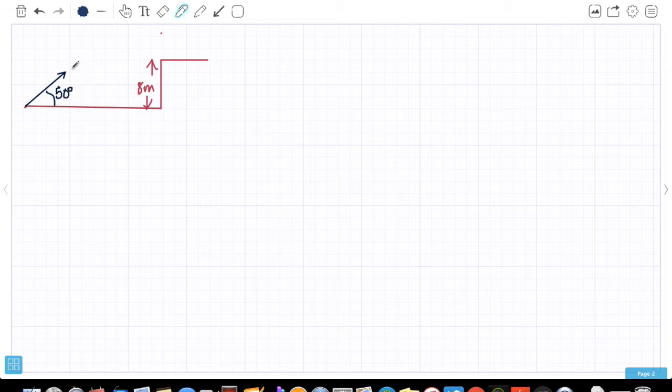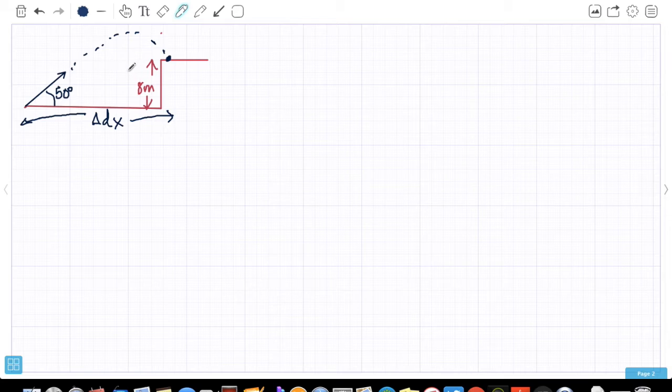So we're interested in this position right here. How far away is that from where we started the projectile in the horizontal? So that's the range that we're looking for. So we just wanted to hit the hill. This is essentially right at the edge.